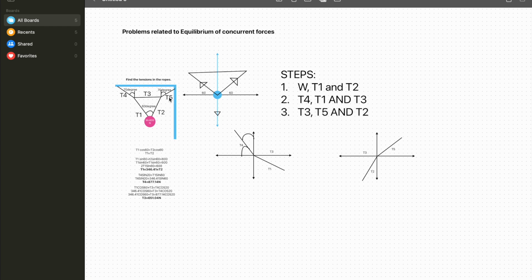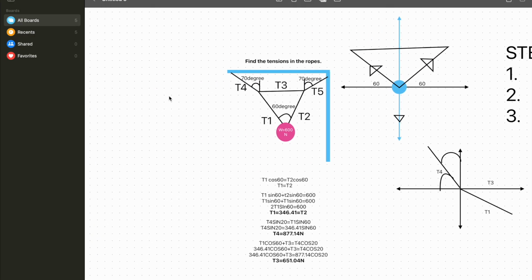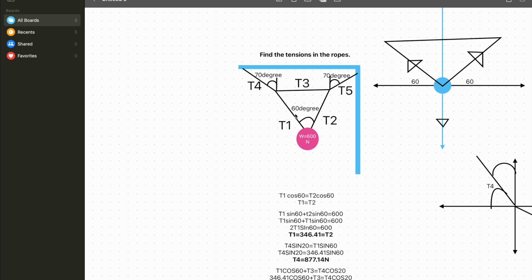Why will T4 be equal to T5? See here, the first tension and the second tension are both along 30 degrees to the perpendicular. So both are supplying equal tension forces to their connecting ropes.